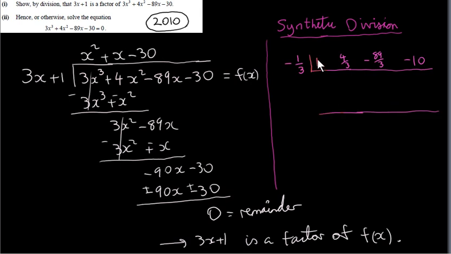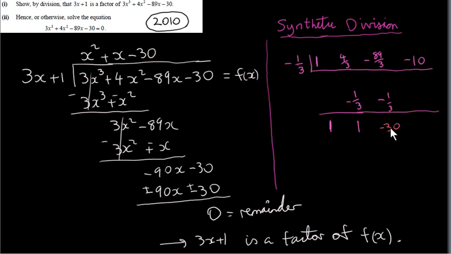So we proceed as you saw before. We just copy this 1 down here, multiply minus a third by 1 to give minus a third. Combine these two. Plus 4/3 minus 1/3 is plus 3/3, which is plus 1. Minus a third times 1 is minus a third. Minus 89 over 3 minus 1 over 3 is minus 90 over 3. But minus 90 over 3 is minus 30.